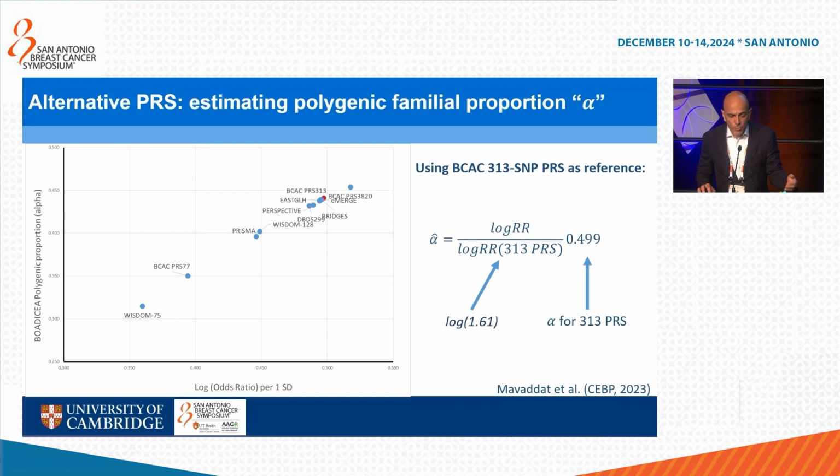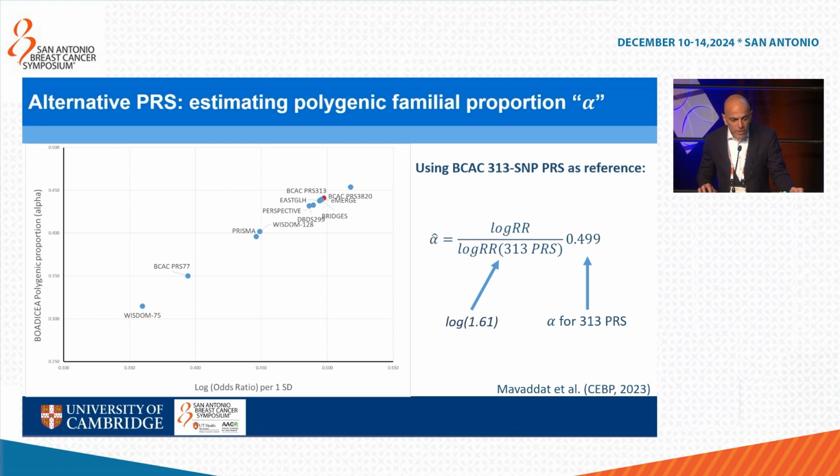One of the challenges when it comes to implementing these polygenic scores in practice is that, based on the genotyping technologies that we use, we may not necessarily be able to capture all the SNPs that are included in the polygenic scores. Also, there are many different statistical methods that can be used to provide valid polygenic scores.